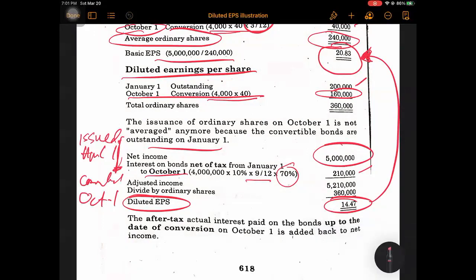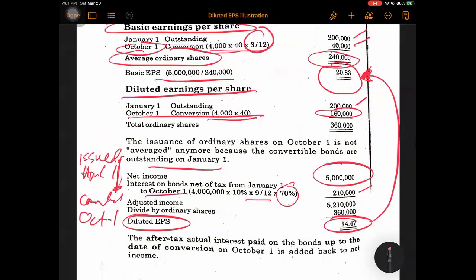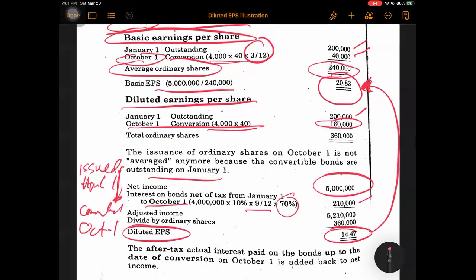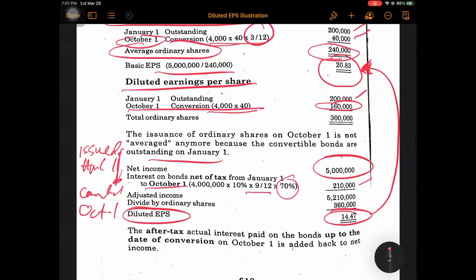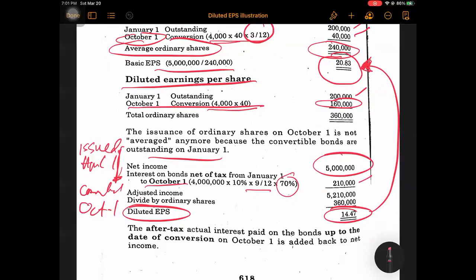Balik sa example. Pag-compute sa basic earnings per share, April 1 ra gyapon outstanding.